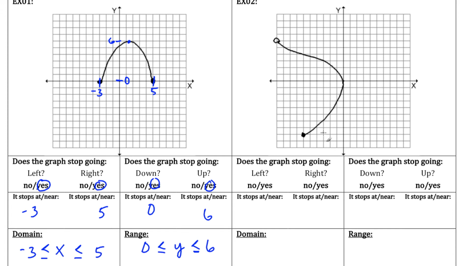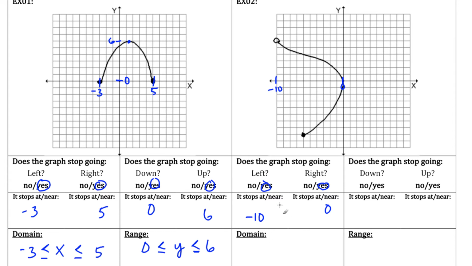Does the graph stop going to the left? Yes, right here. It stops near -10. And it stops going to the right at 0. And that's it.